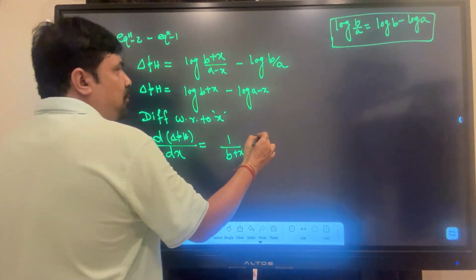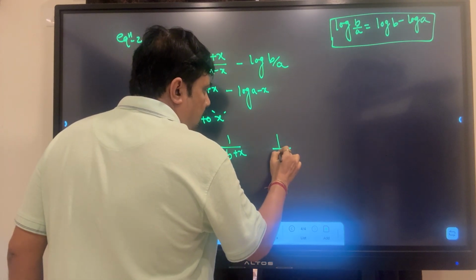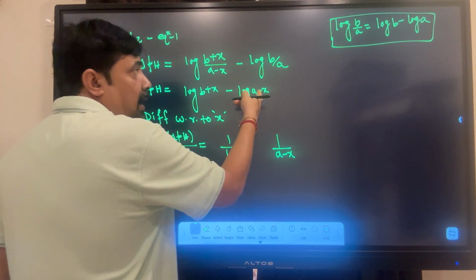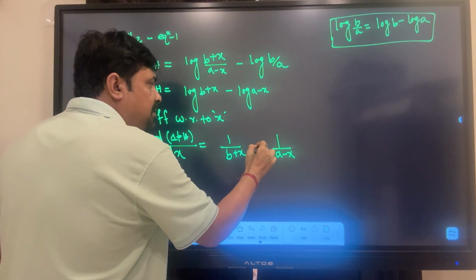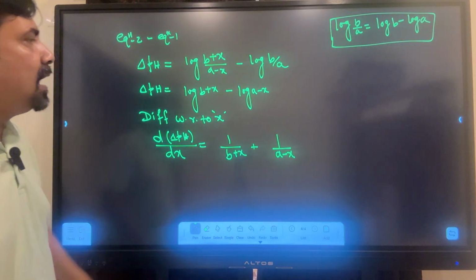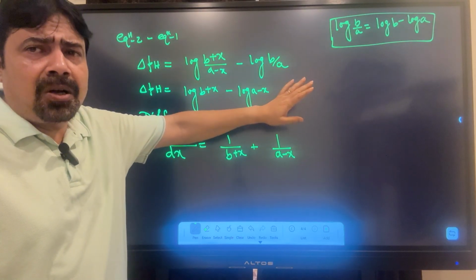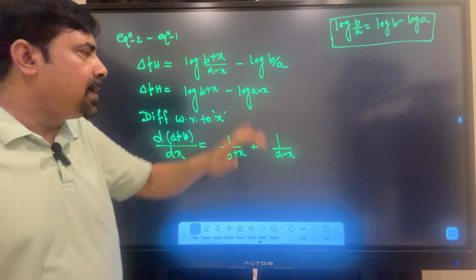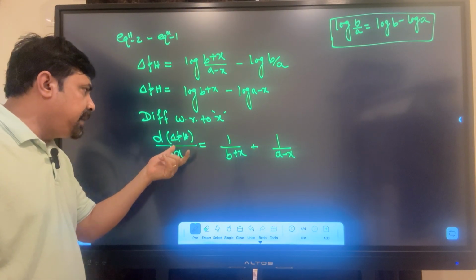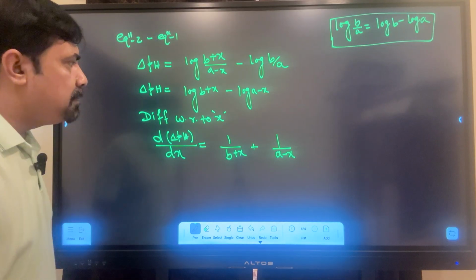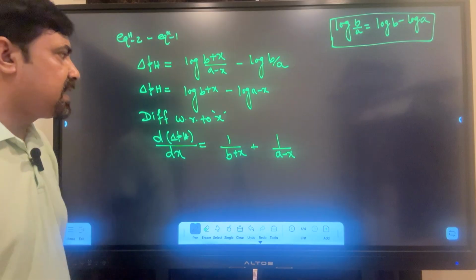Then for log of (A minus X) we get 1 by (A minus X), and the differentiation of minus X gives a minus, so minus times minus will be plus. Now there is a minus log of B by A, which is a constant term, and its differentiation will be 0. So we got d of delta pH by dx equals 1 by (B plus X) plus 1 by (A minus X).